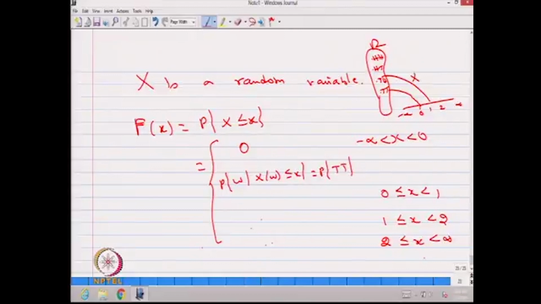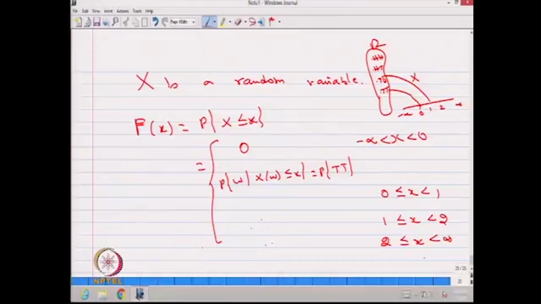And since it is a fair coin or unbiased coin, it is equiprobable of getting tail as well as head. Therefore, it is 1 by 2 probability of getting head, 1 by 2 probability of getting tail, and the probability of getting tail in both the tosses is going to be 1 by 2 into 1 by 2.